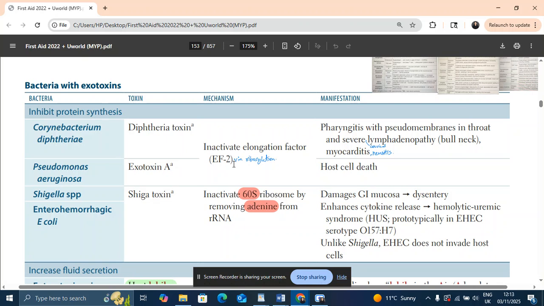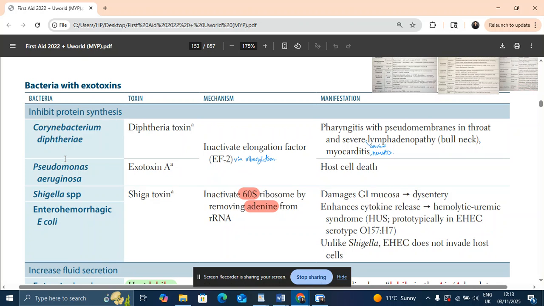So Corynebacterium diphtheriae and Pseudomonas aeruginosa produce exotoxins, and these exotoxins inactivate elongation factor 2 via ribosylation. When they inactivate elongation factor 2, it cannot help the ribosome and messenger RNA during protein synthesis, so they cannot make protein, and eventually the cells die.